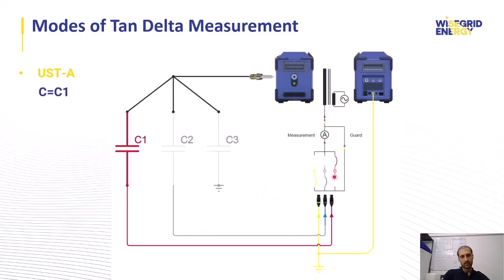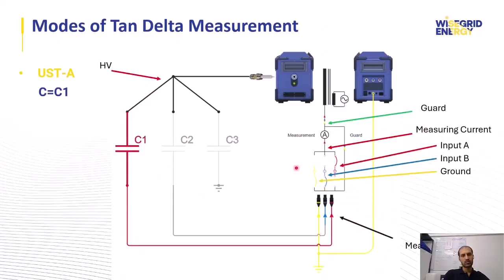All currents come to the device, and we have a switch box or a matrix relay inside of the device, which, when we select the test mode in the software, works based on these modes, and we can measure or bypass some currents. So when we select UST-A mode, current passing through the input A goes to the ammeter, and input B and ground current are bypassed or guarded.